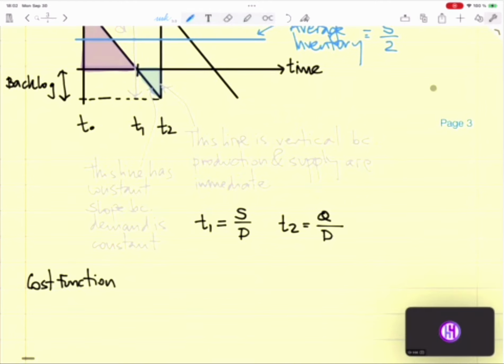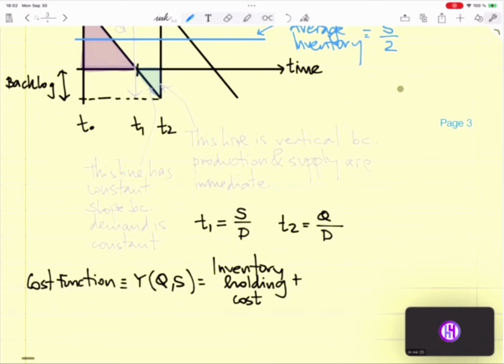So let's see the cost function. Now it's a function that depends on two variables, Q and S, okay? And as we had before, we have inventory holding cost.